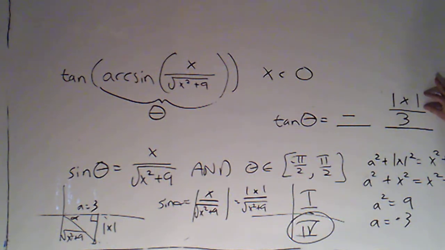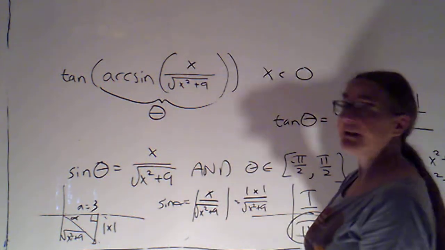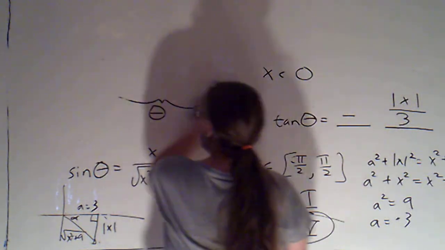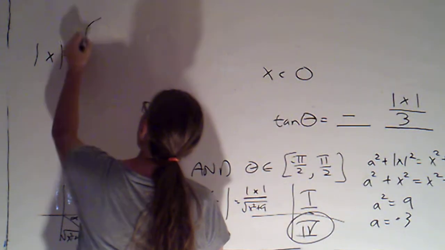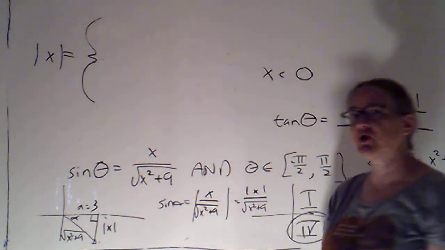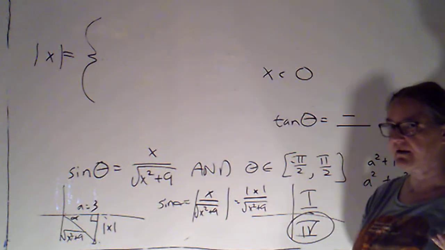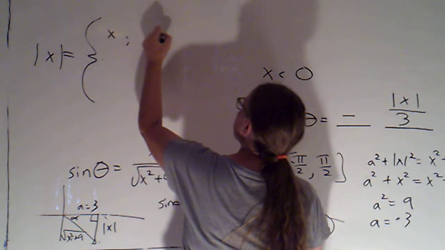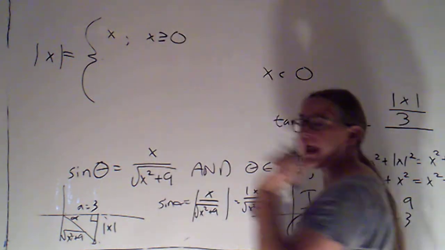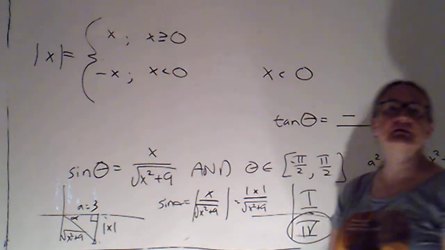But I can simplify things further. I used the absolute value because I was labeling side lengths and I wanted to have something positive. But with the absolute value function, I can write that as a piecewise function because there are really two rules. One thing I do if x isn't negative and something else that I do if x is negative. The absolute value of x would just be x if x is bigger than or equal to 0, but it's the opposite of x if x is less than 0.